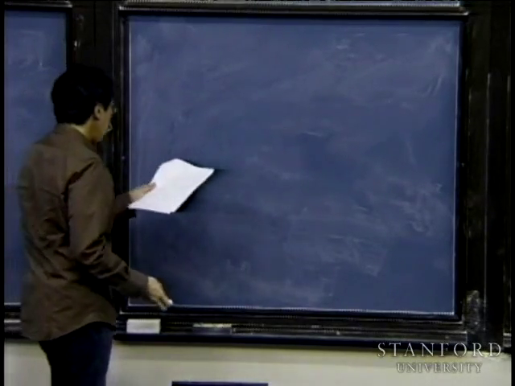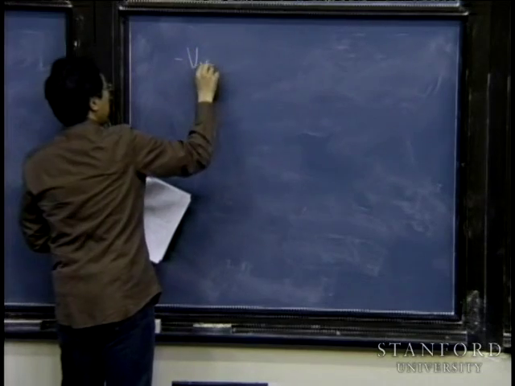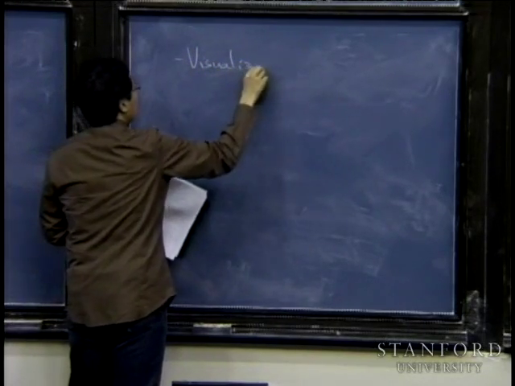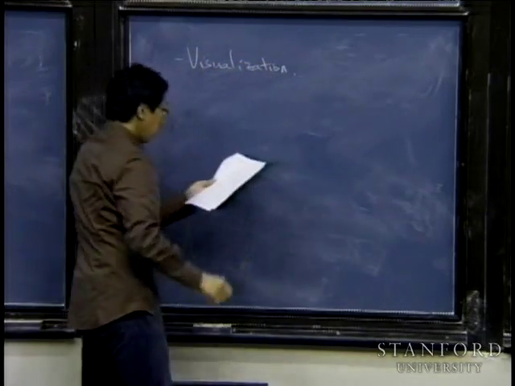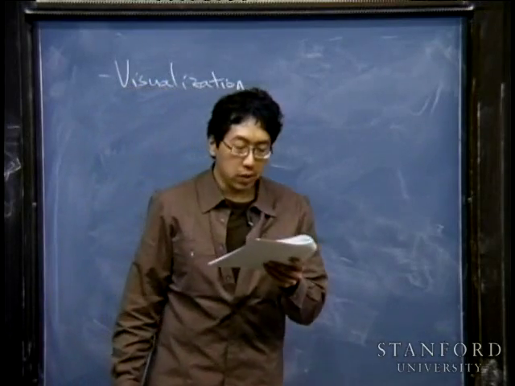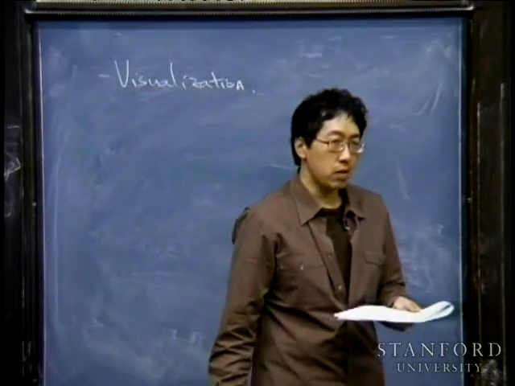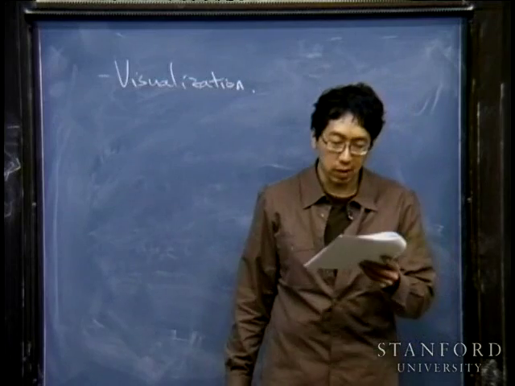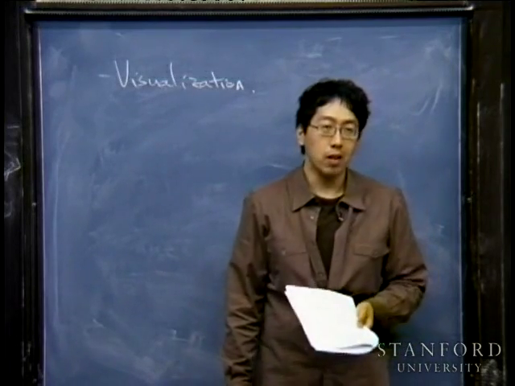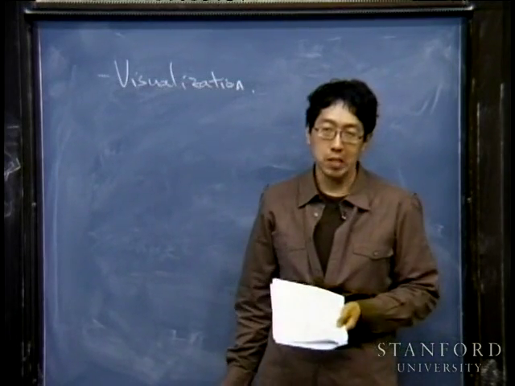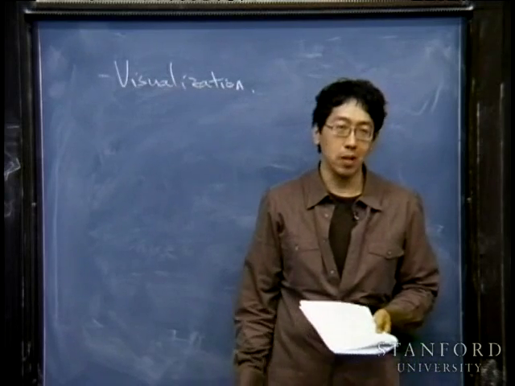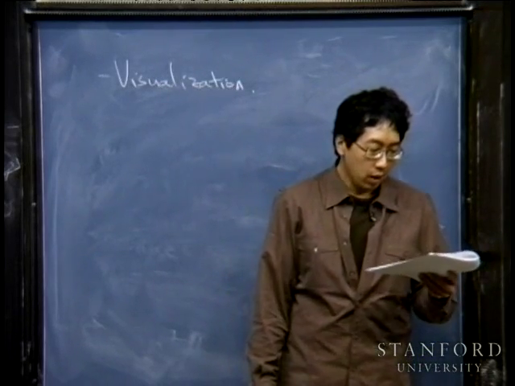Here are some ways that PCA is used. One is visualization. Very often you have high-dimensional data sets. Someone gives you a 50-dimensional data set, and it's very hard to look at it and understand what's going on, because you can't plot something in 50 dimensions.